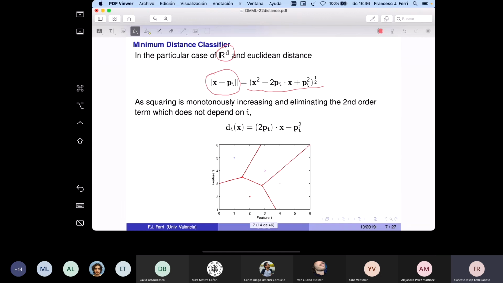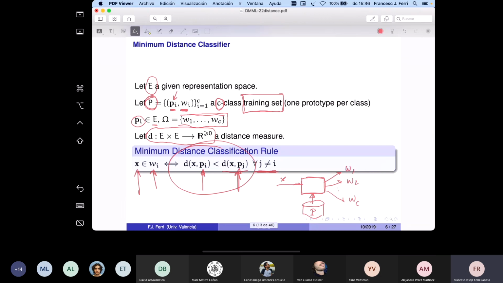And then, because we are comparing distances, we are like computing minimums. If you remember, when we defined the discriminant functions, we used discriminant functions for different classes, and then we were computing maximums.